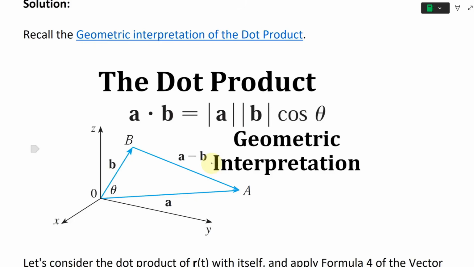If theta is 90 degrees, or pi over 2 radians, cosine theta goes to 0, so the dot product equals 0. That basically means we have a perpendicular setup, 90 degrees like that. So if the two vectors a and b are perpendicular, the dot product is equal to 0. Keep that in mind.